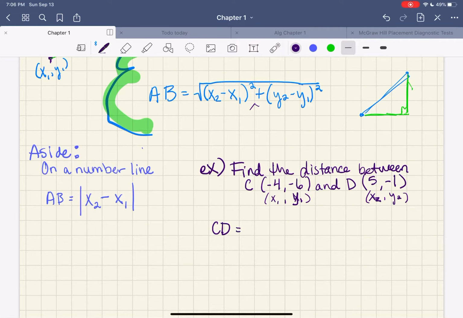CD is going to be equal to, I make my big square root sign. Let's go. So x2 is 5 minus x1, which is -4, parenthesis squared, plus parenthesis y2, which is -1, minus -6, squared.